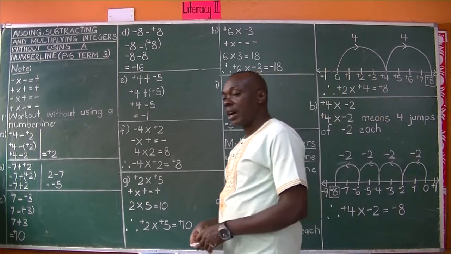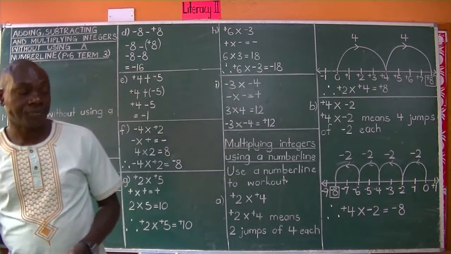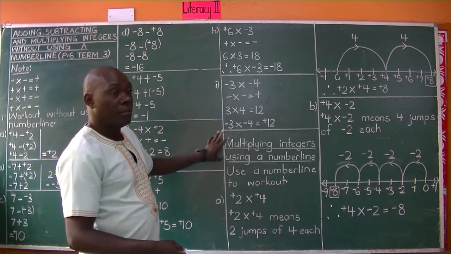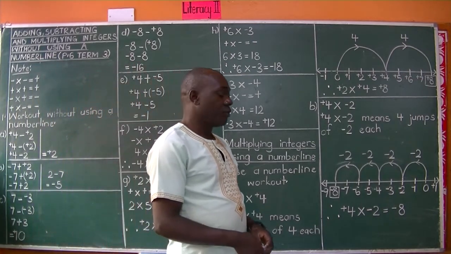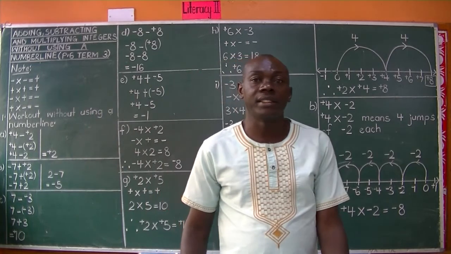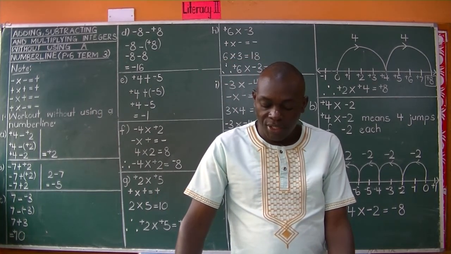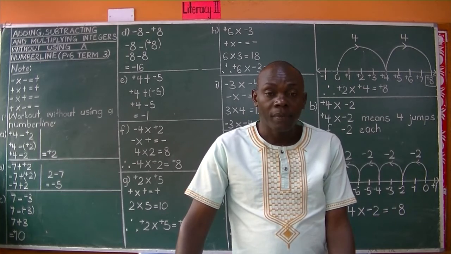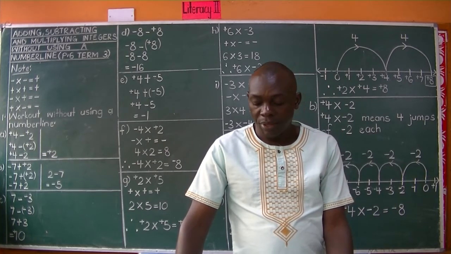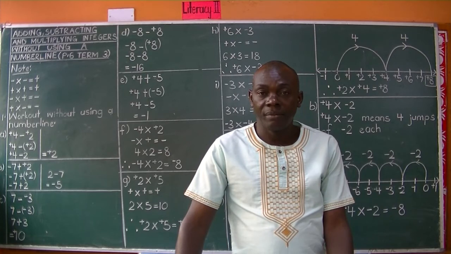And that is how we show multiplication of integers on a number line, and you will then be able to answer all those activities from page 94 all the way to page 97 of our workbook.